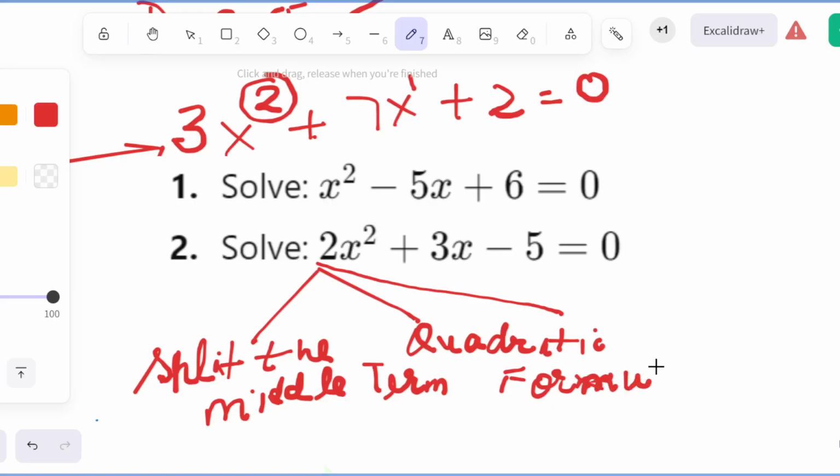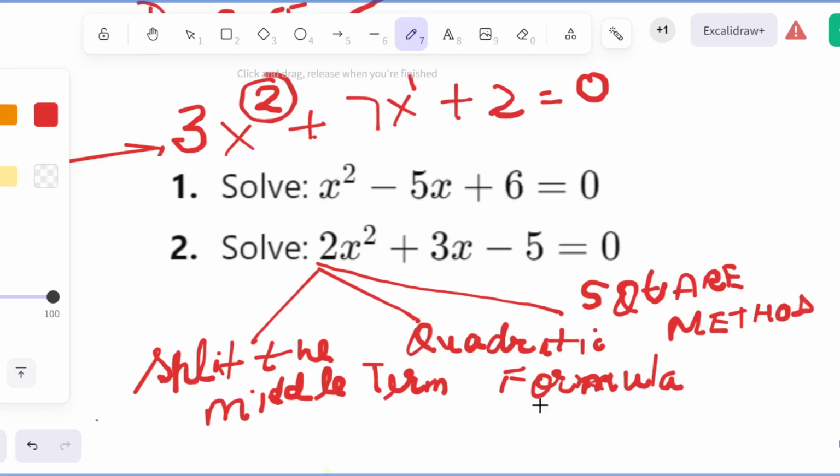And the third one is the completing the square method. Today we'll discuss the quadratic formula. Splitting the middle term, we'll do a little later.